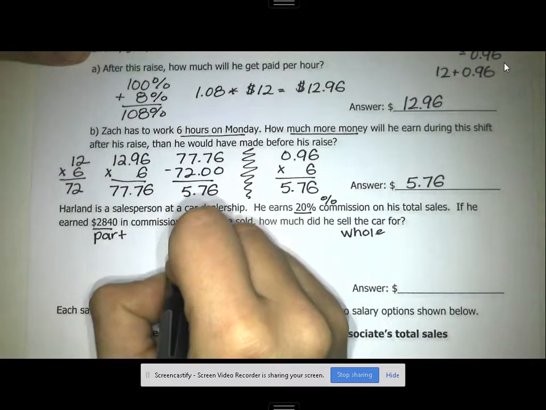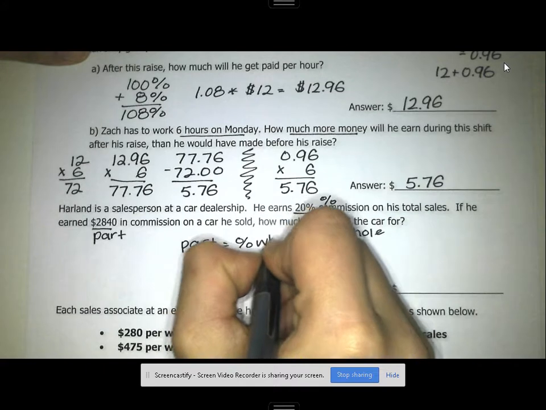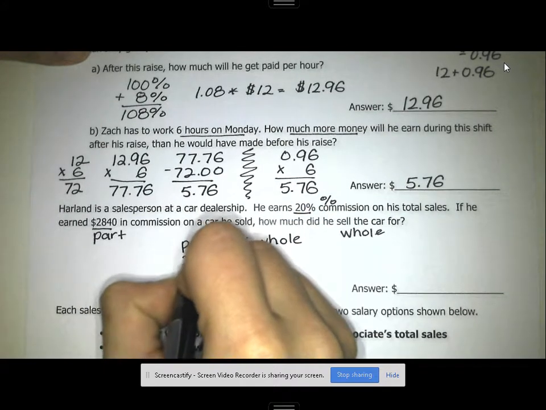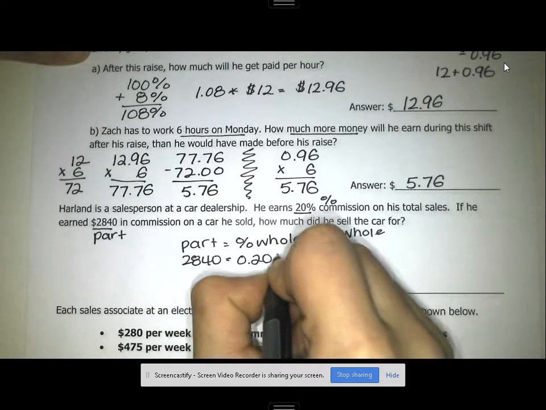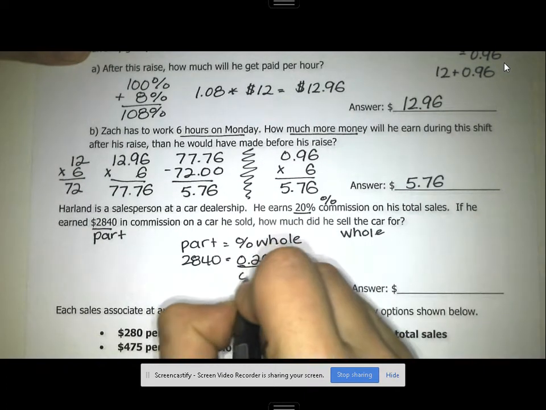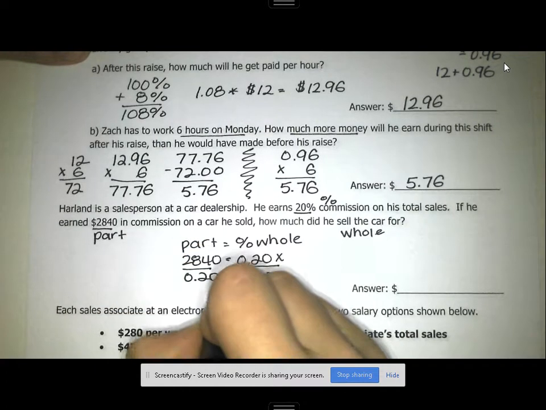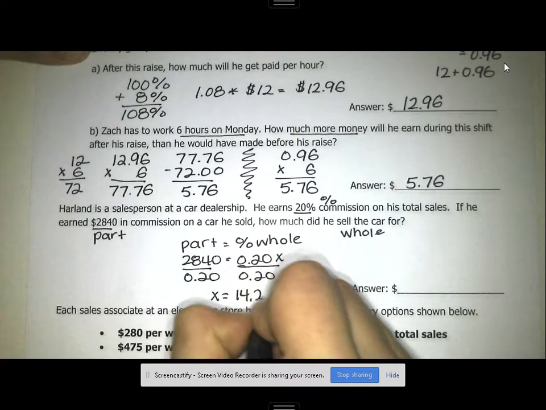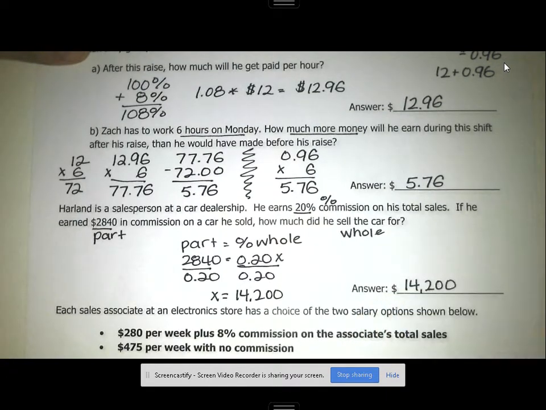So you can do part equals percent times whole. So he gets to keep $2,840, which is 20% of the whole price of the car. Divide both sides by 0.20, and you get x equals $14,200. So the car must have been $14,200.